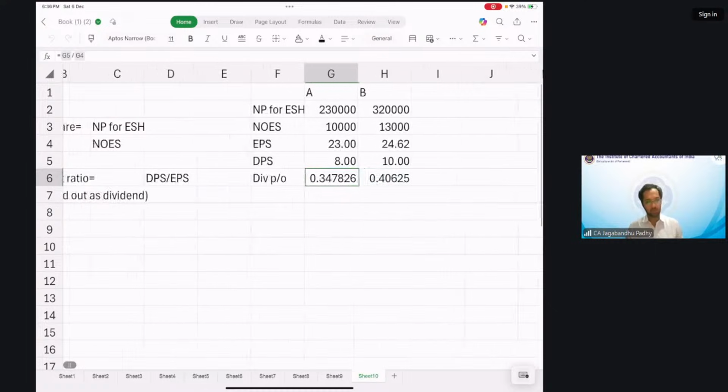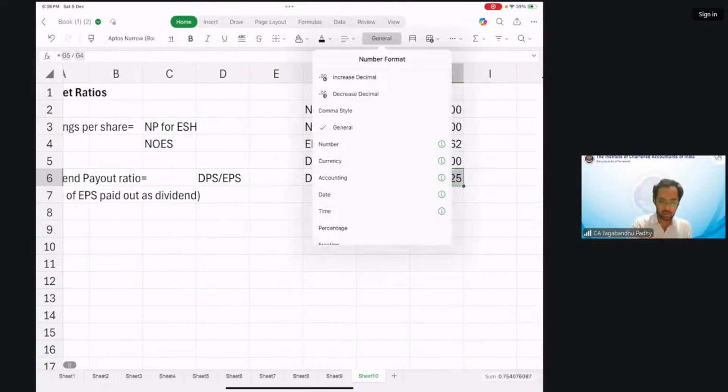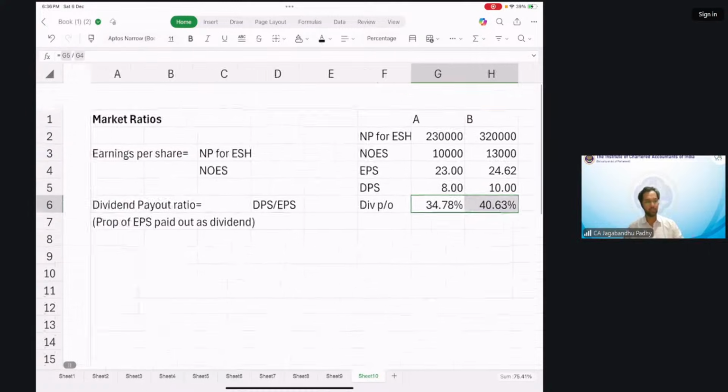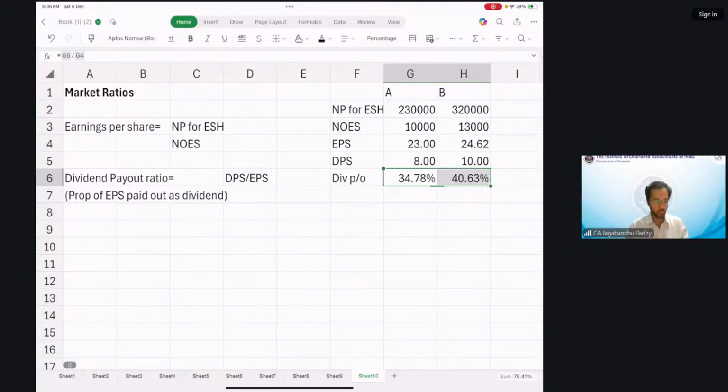So which of these two companies is having a higher dividend payout ratio? Of course, company B is having a higher dividend payout ratio because it is paying out 40.63% of its earnings, right? That's your dividend payout ratio.